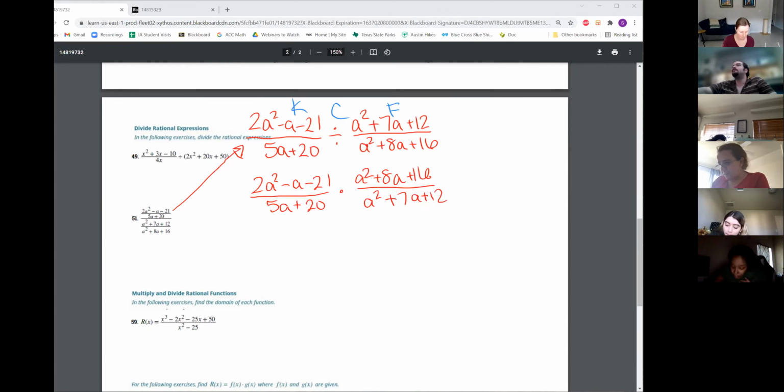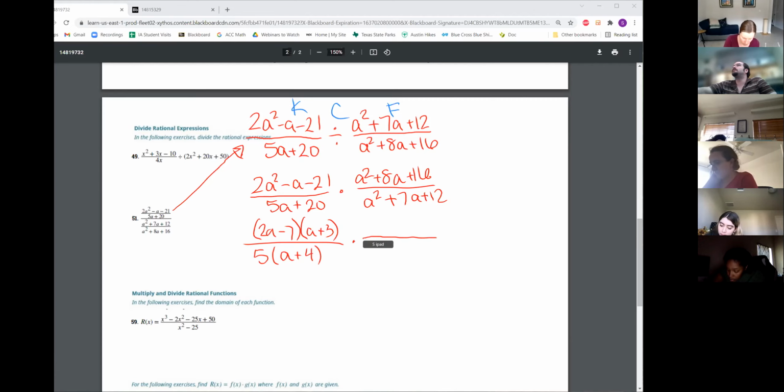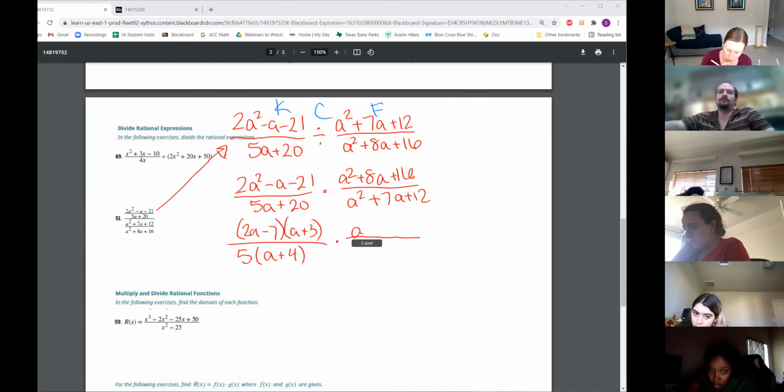Okay, now I want you to give me your factors. For the one side, it's going to be 2a minus 7 times a plus 3 over 5 times a plus 4. And then the other side, I want to just factor the whole thing: a plus 4 times a plus 4.